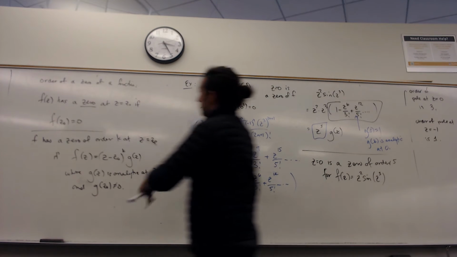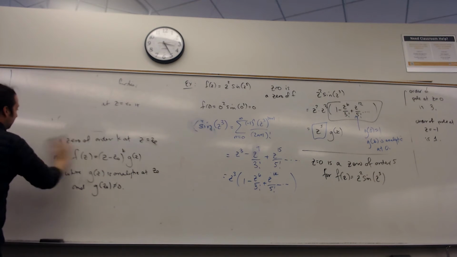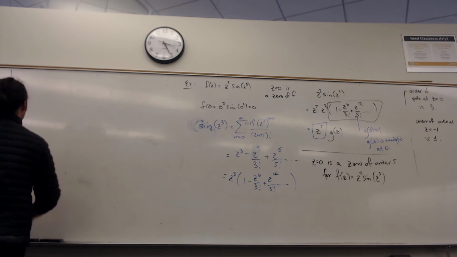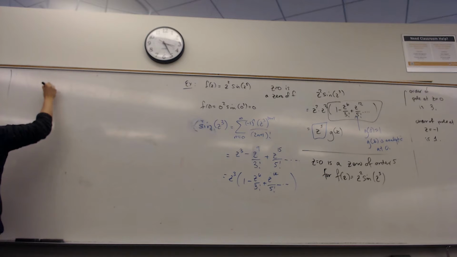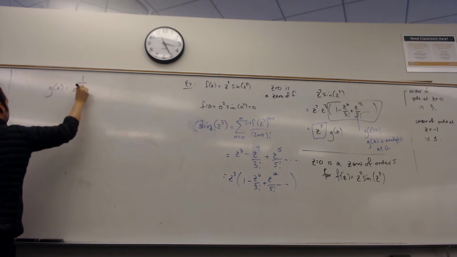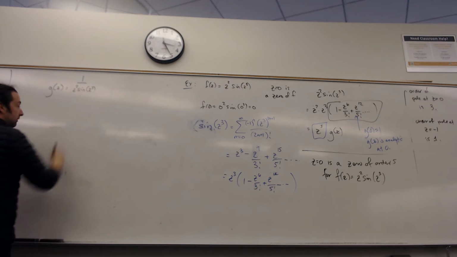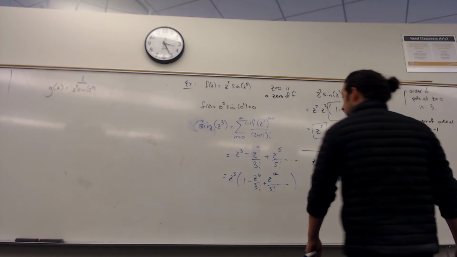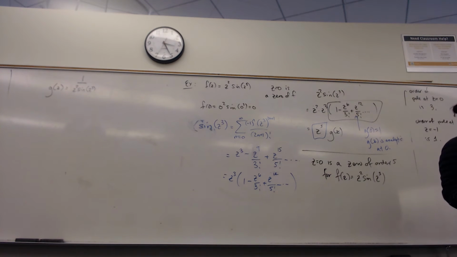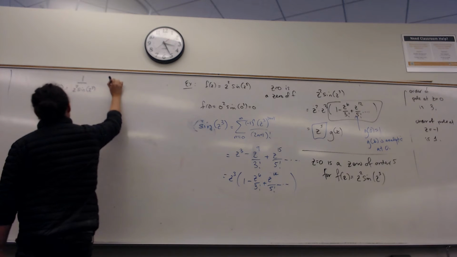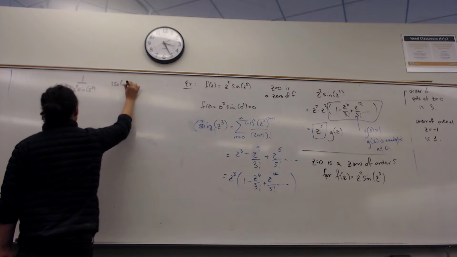So how do we use this idea when we're analyzing the order of poles? Well, what if I had g of z is equal to 1 over z squared times the sine of z to the 3rd? That function certainly has an isolated singularity at z is equal to 0.